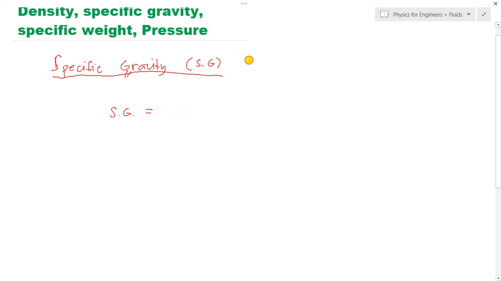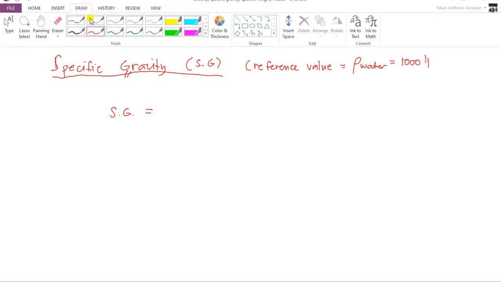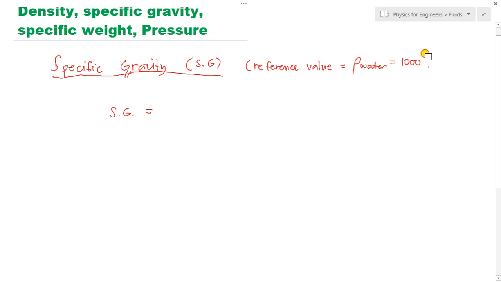For specific gravity, our reference value is the density of the water, which is equal to 1,000 kilogram per cubic meter.